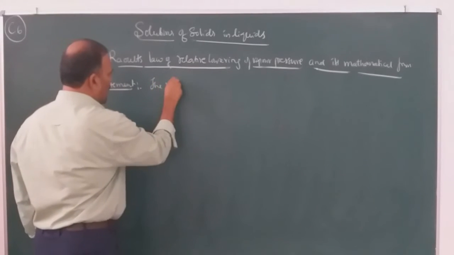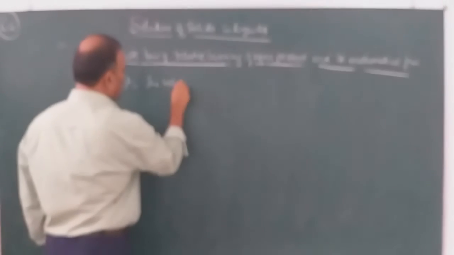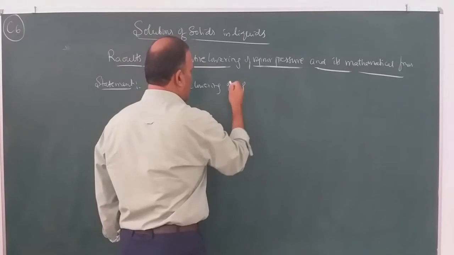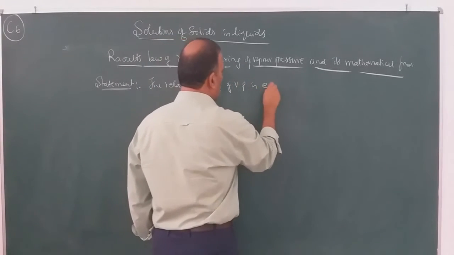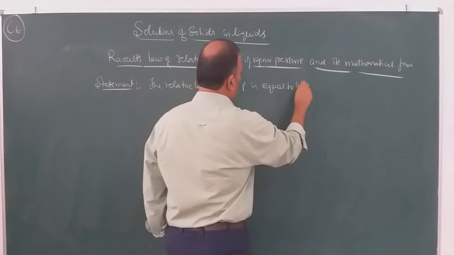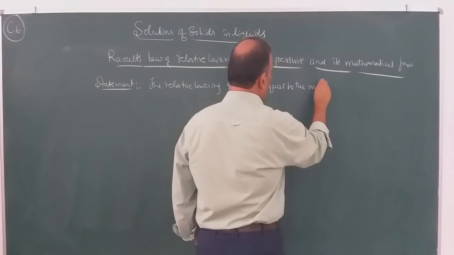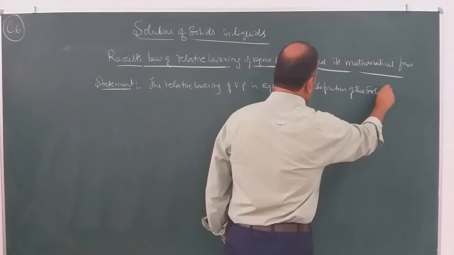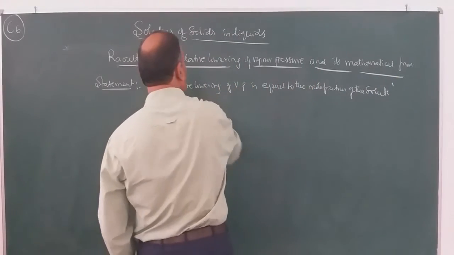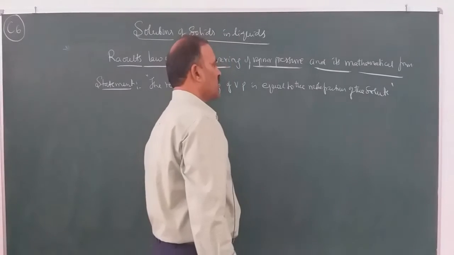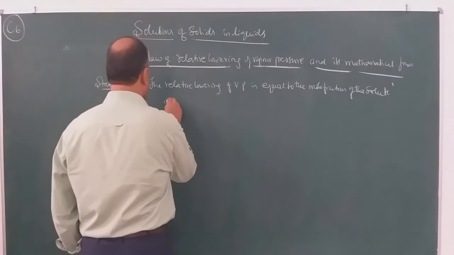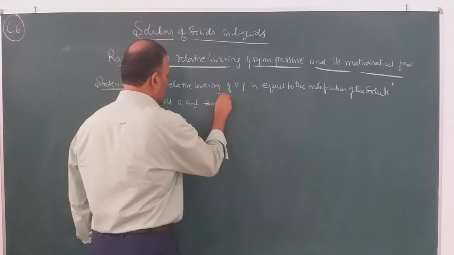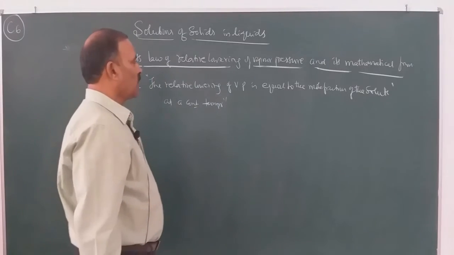The relative lowering of vapor pressure is equal to the mole fraction of the solute at a constant temperature. So this is Raoult's law of relative lowering of vapor pressure.